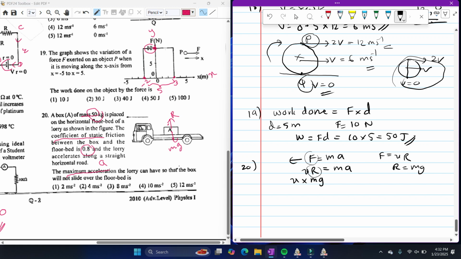So substituting mg for R, mu mg equals ma. Then you can cancel this m from both sides, and you see that a equals mu g. Finally, applying mu value 0.8 and g gravitational acceleration 10, it is 8 m/s squared, the maximum acceleration the lorry can have so that the box will not slide over the flat bed. So that particular acceleration is what we just found.